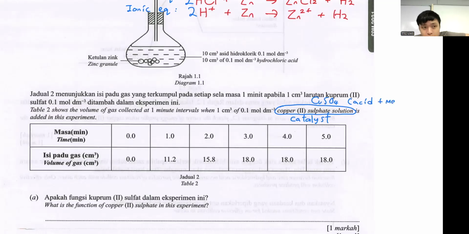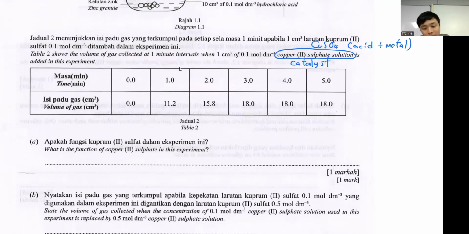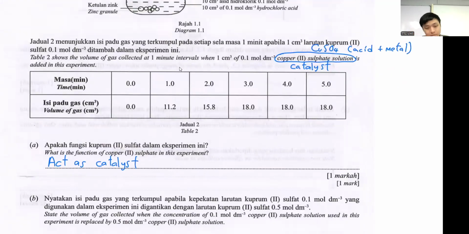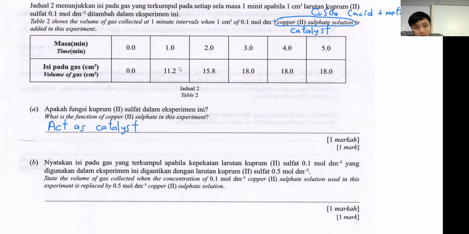It can speed up the reaction between acid and metal. So here they should have asked already, what is the function of copper sulfate in this experiment? You can just say as a catalyst. One mark already.